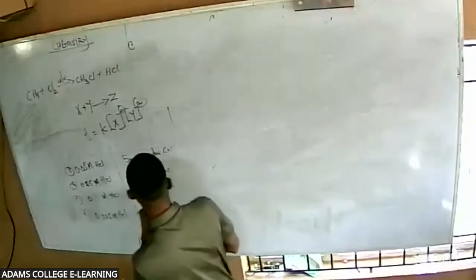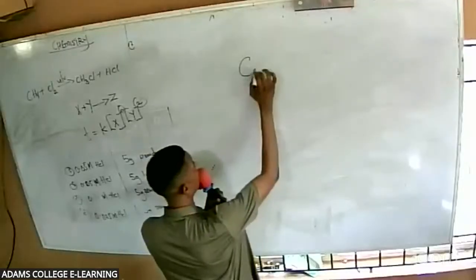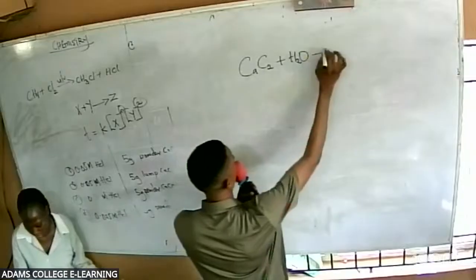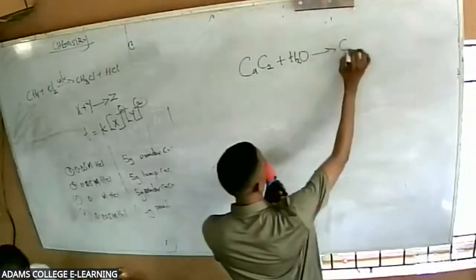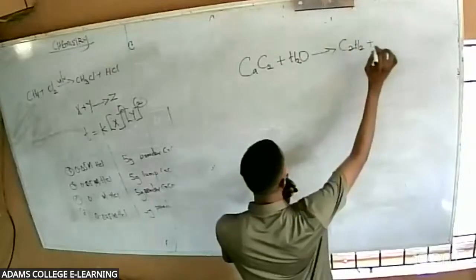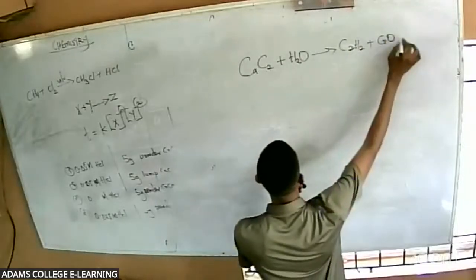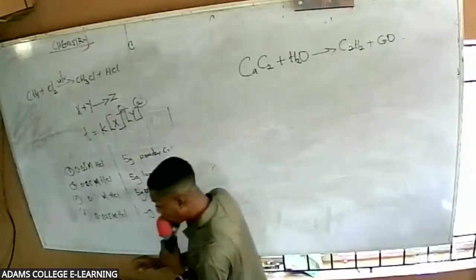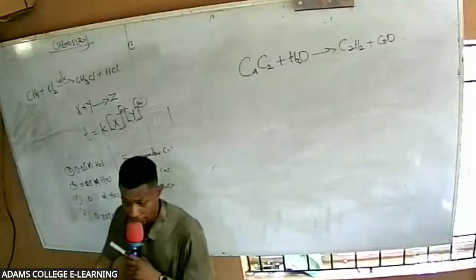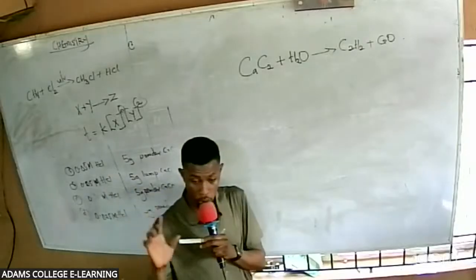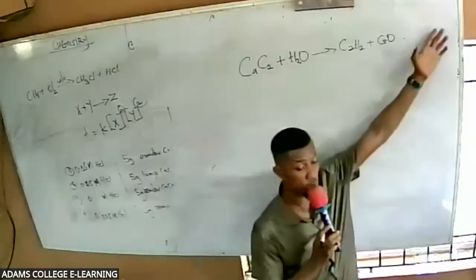You know, when calcium carbide, CaC2, dissolves in water, what is produced? C2H2 and calcium oxide, right? Okay, the equation is balanced like that. Now, from that question, we are not given the amount of energy released, maybe 1,000 kilojoules per mole or something.